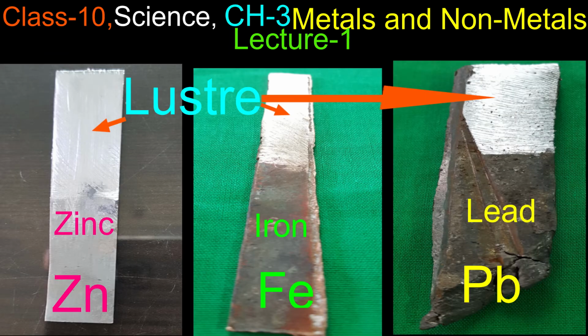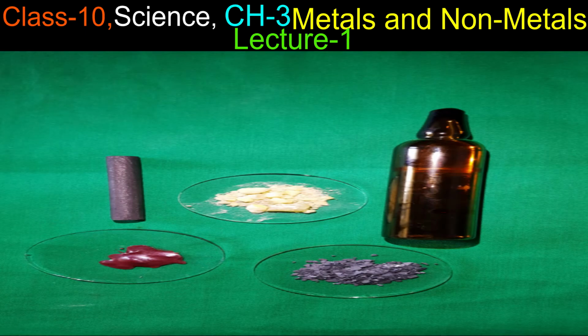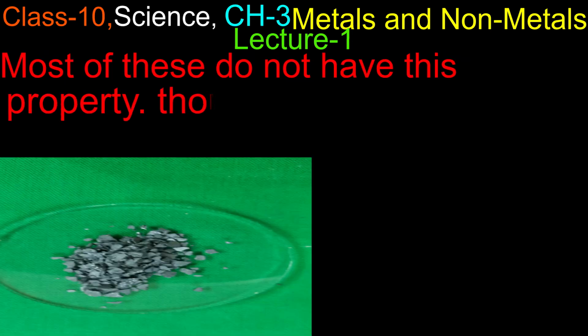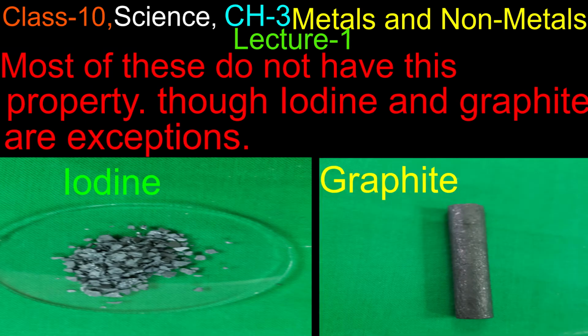All the clean portions of metal surfaces shine because they reflect light. This property is luster. Now look at non-metals. Most of these don't have this property, though iodine and graphite are exceptions that shine a little bit but not as much as metals.